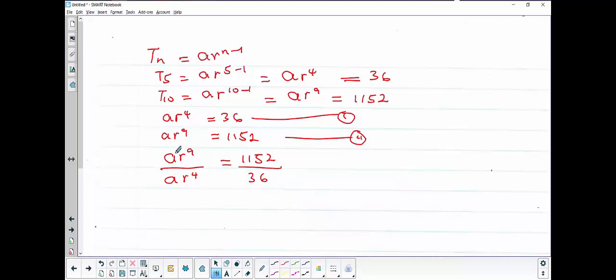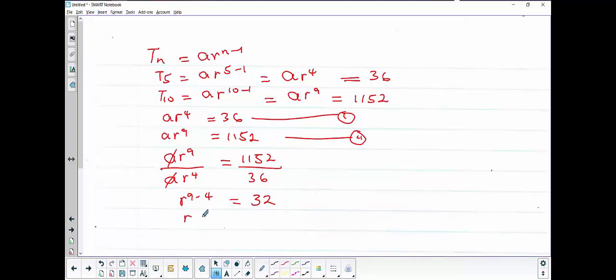By doing that, automatically A will cancel A, so we cannot solve for it. We have r raised to power 9 minus 4, and when you divide 1152 by 36, we get 32.